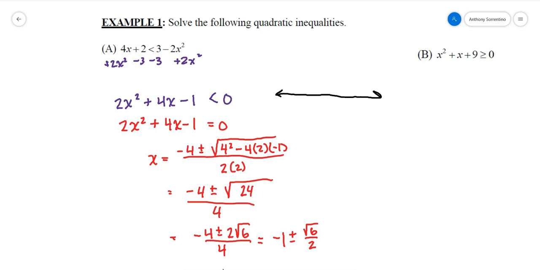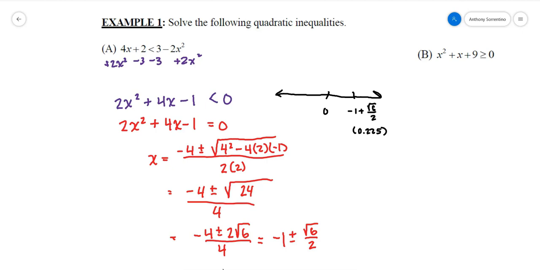Negative 1 plus the square root of 6 over 2 is about equal to 0.2247. So I'm going to note where 0 is, although it's not something I want to mark on my number line specifically. But I can say that negative 1 plus the square root of 6 over 2, and I'm just going to put in here, it's about 0.225, is over on this side.